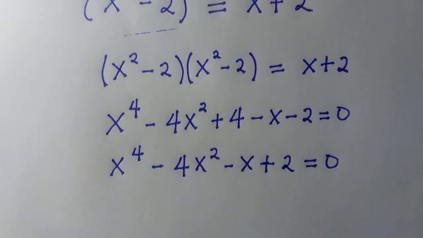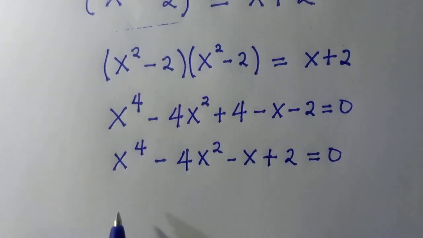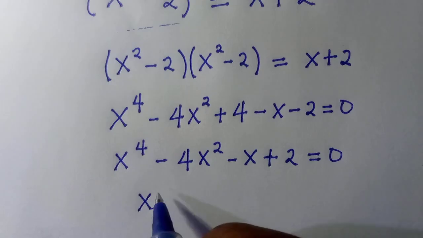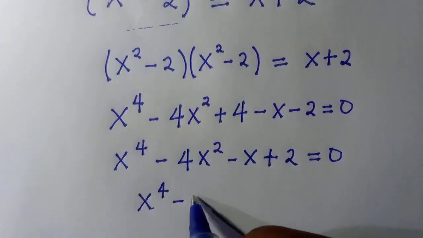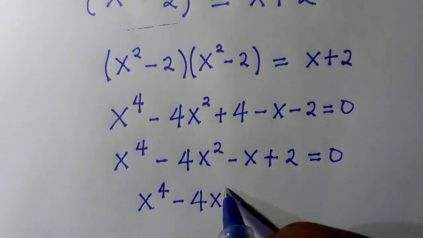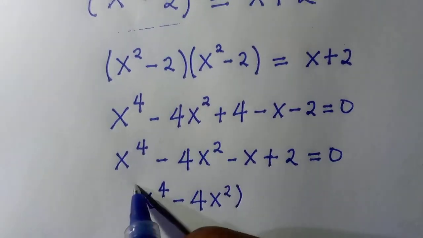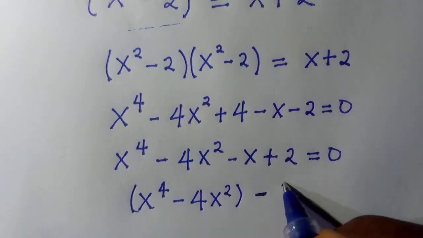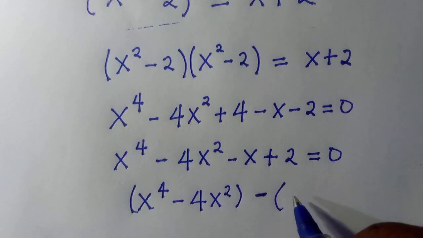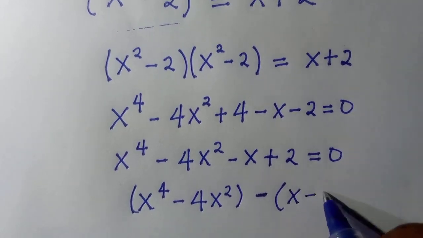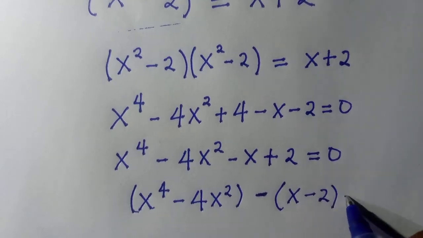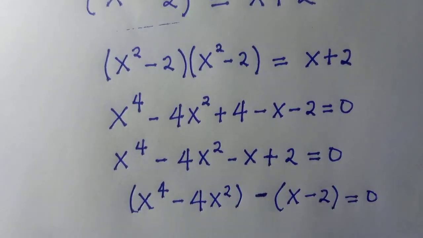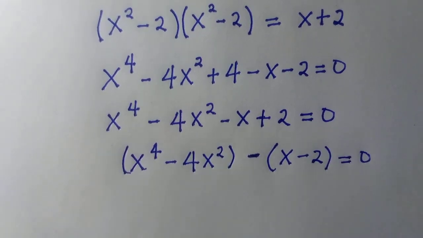We have this as a quadratic equation. So what I'm going to do here is, if I combine the first and the second entries and put it in a bracket, we have (x⁴ − 4x²). And with this one, by factoring out negative, I'll put this in parentheses, we have −(x − 2) = 0.